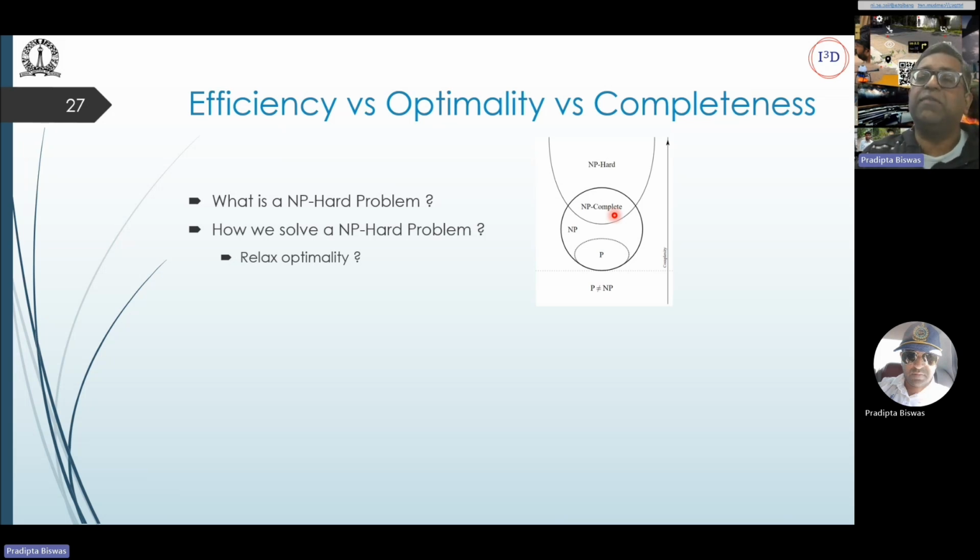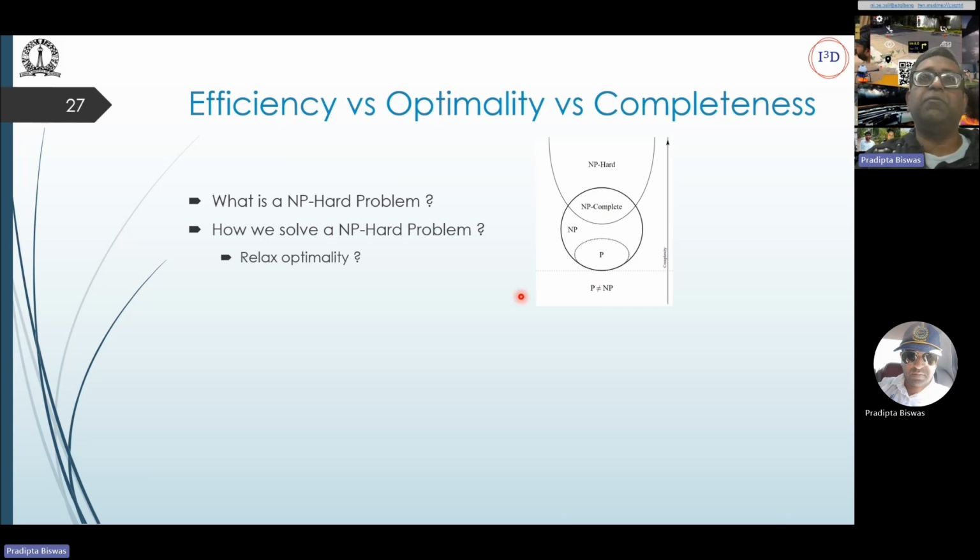While there are problems like the halting problem, which asks whether a program will halt or stop for any given set of input, and that problem is not decidable. Those are a class of problems which are NP hard but not NP complete. So here we mostly talk about NP complete problems.